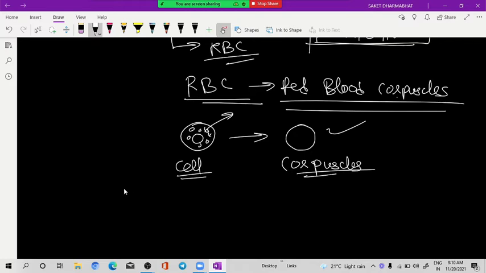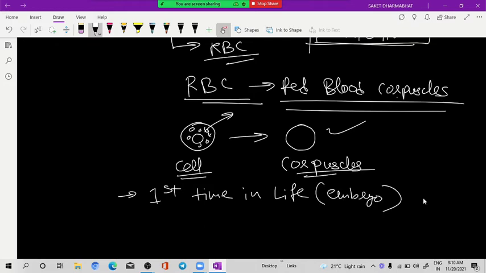Okay. Now, first of all, we will talk about where RBC formation is taking place. First time in life, when we are an embryo, that time first RBC formation takes place in the yolk sac. After yolk sac it is taking place in the liver.